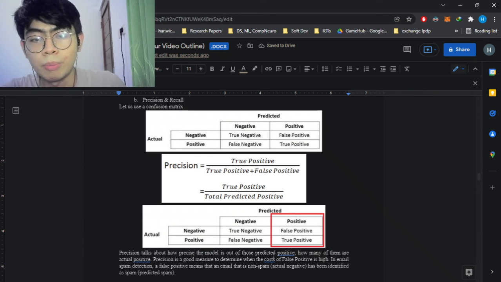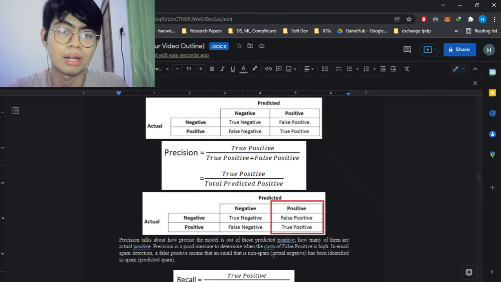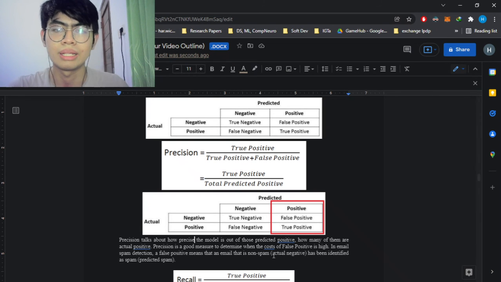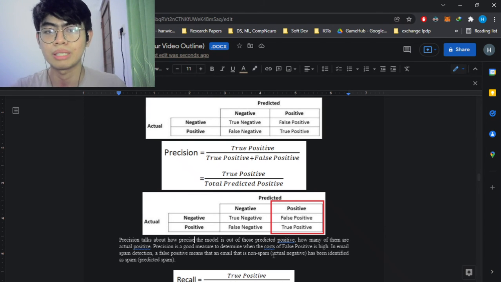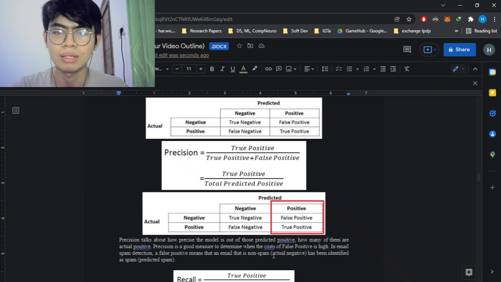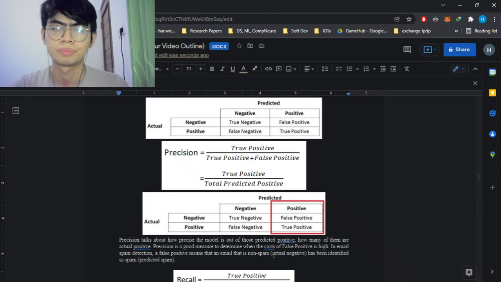Precision talks about how precise the model is: out of those predicted positives, how many of them are actual positives. Precision is a good measure to determine when the cost of a false positive is high. In email spam detection, for example, a false positive means that a non-spam email has been identified as spam. We don't want that because it has a very high cost.